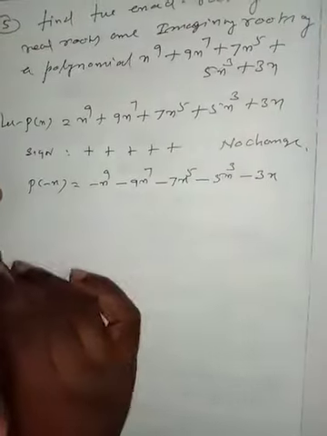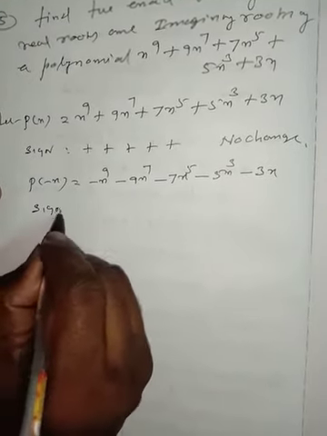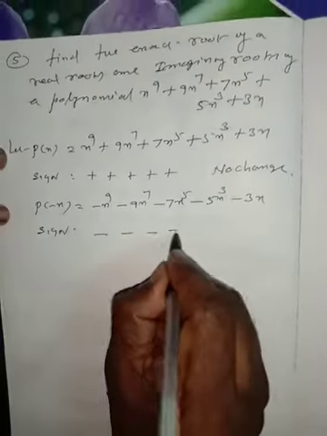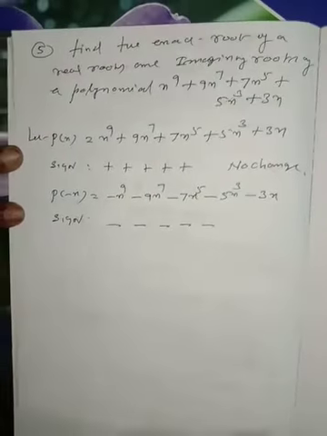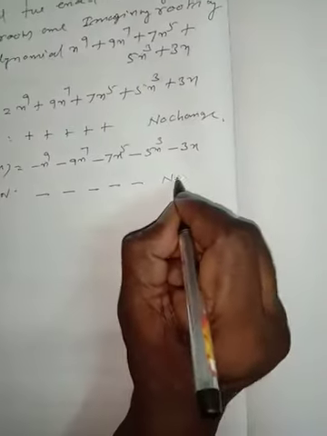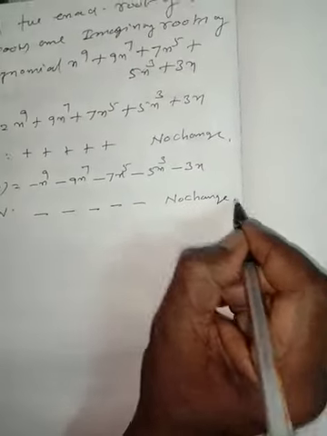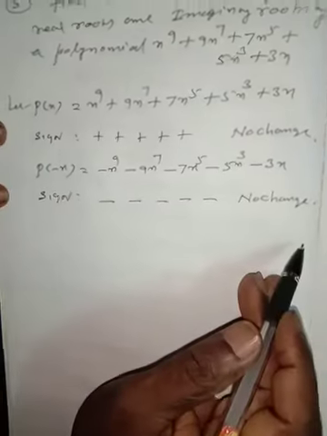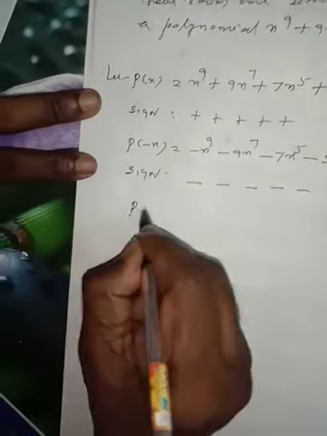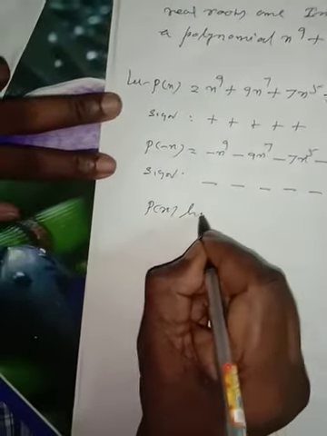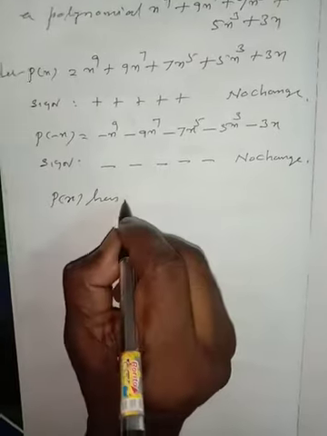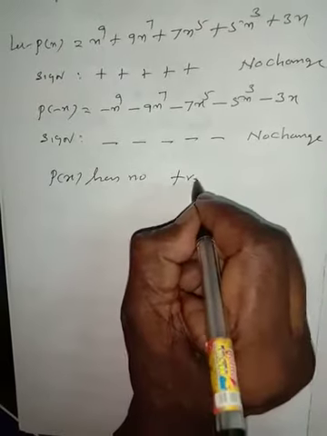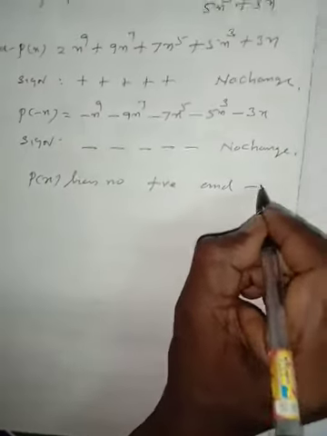All are odd powers, therefore negative. Signs: negative, negative, negative, negative, negative. There is no change. P of x has no change, and p of minus x also has no change. Therefore p of x has no positive and no negative roots.